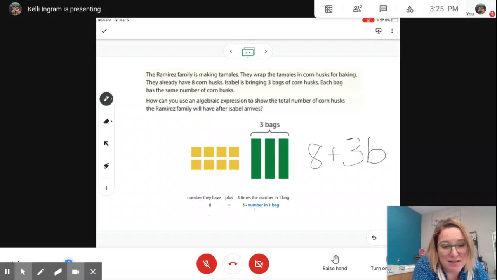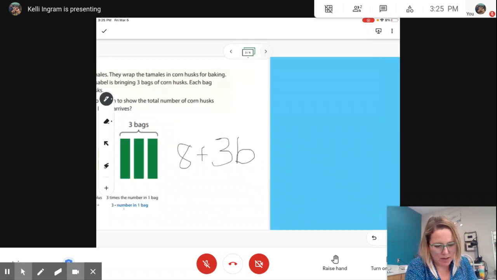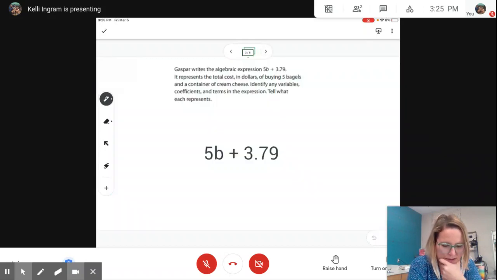I'm going to say B stands for the number of corn husks in each bag. If you wanted to use X or Q, sure, go for it. Probably don't use L because that looks like a 1. Also, O's we don't use very often because they look like zeros. But really any other letter will do, right? That's how we write those expressions.